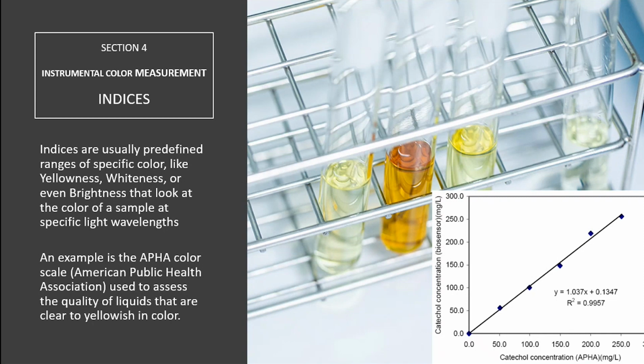There's an actual scale from 0 color, being distilled water, all the way up to APHA 500, which would look something like this very, very yellow vial here in the middle. Basically, this color scale is looking at the color using just a single wavelength, okay?